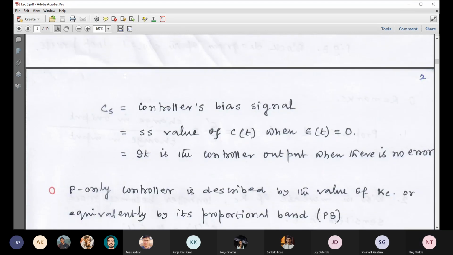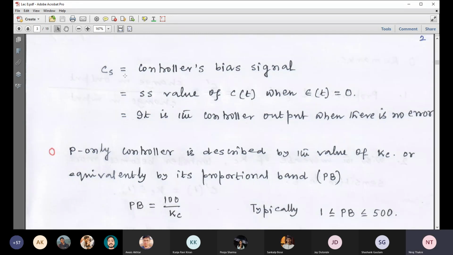Okay. Now you will see that in many control-oriented softwares, they use proportional band, PB, instead of Kc as tuning parameter. There are few softwares which use an equivalent term of Kc called proportional band, and that is expressed by this.